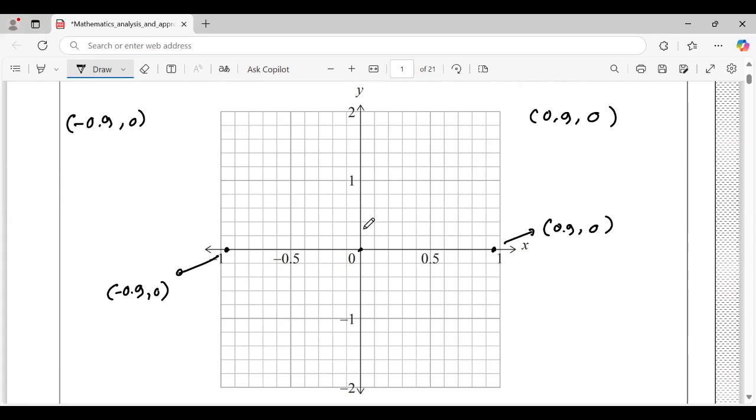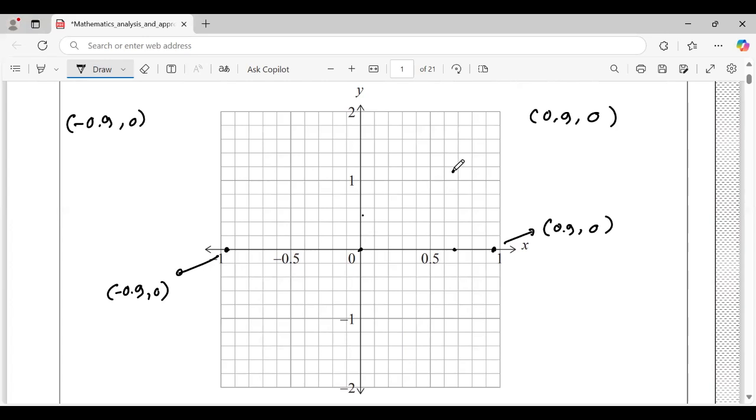On the x-axis, 0.68 is around here, and 1.09 is around here.